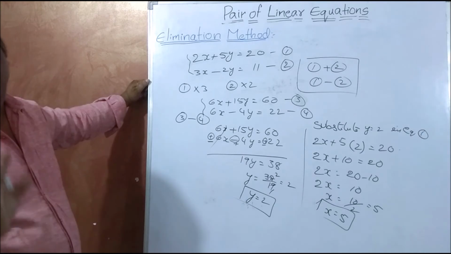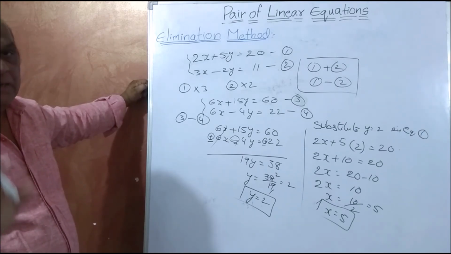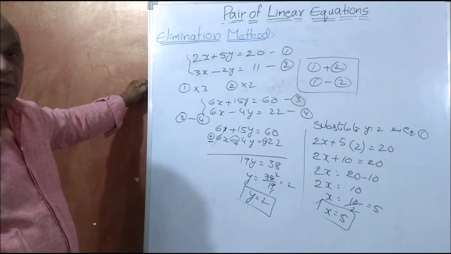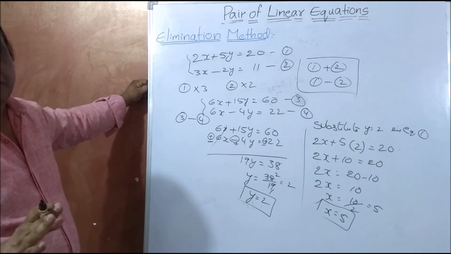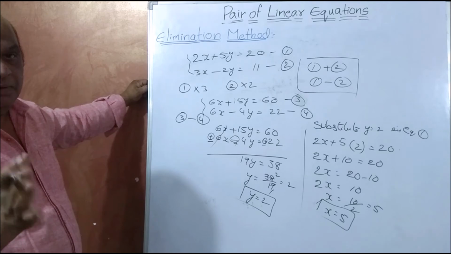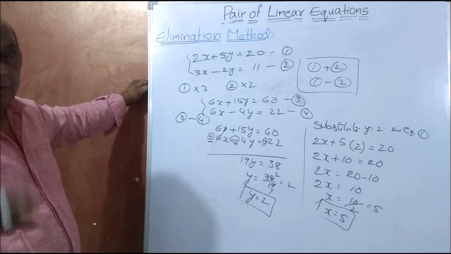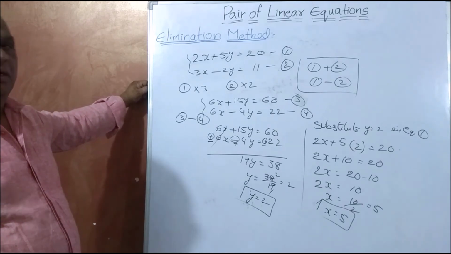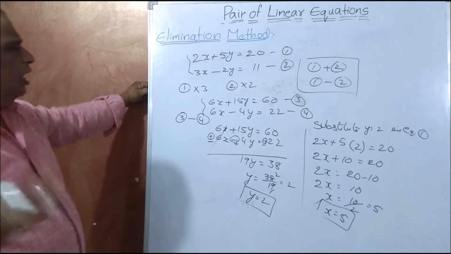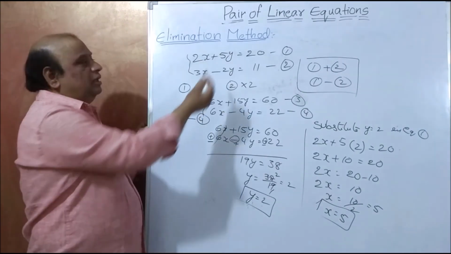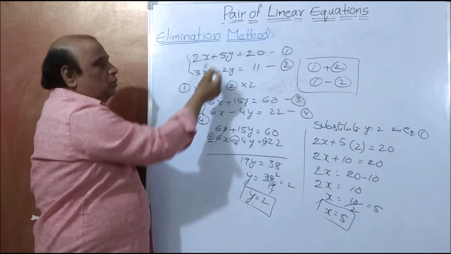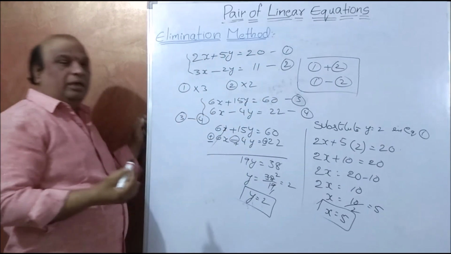So this is the elimination method. Elimination means we should eliminate one variable. We have two variables, x and y. You try to eliminate any one. Suppose if you want to eliminate y, you should multiply the first equation by 2 and the second equation by 5.